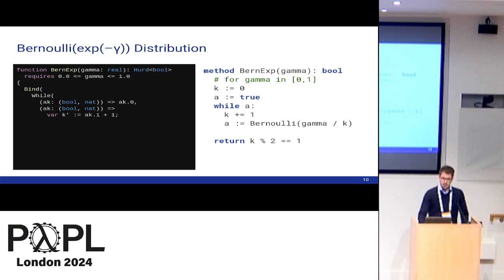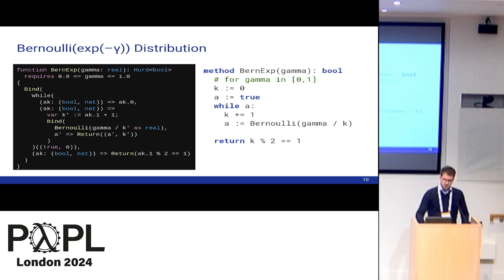The body increases k by 1, and then samples from the Bernoulli distribution with the gamma over k parameter, and then takes the result and combines it with the k that we computed for the next iteration. The initial state is a being true and k being 0, and in the end we return whether k is odd.